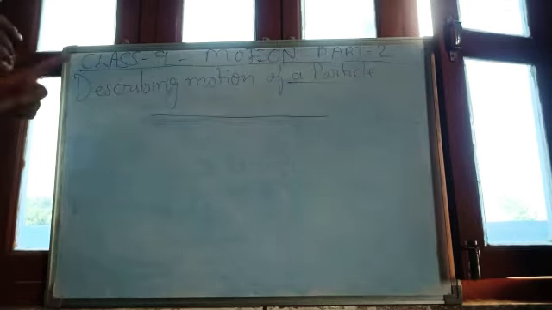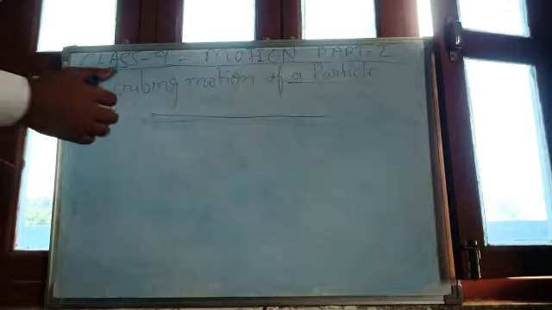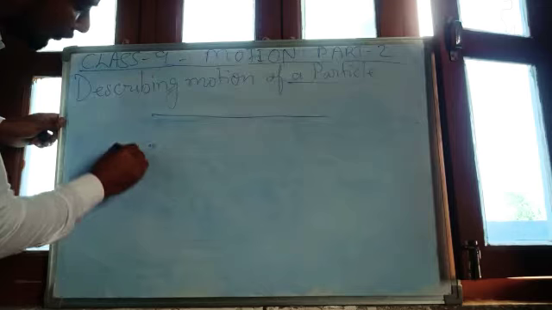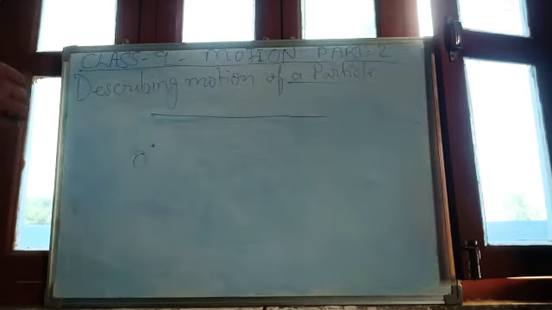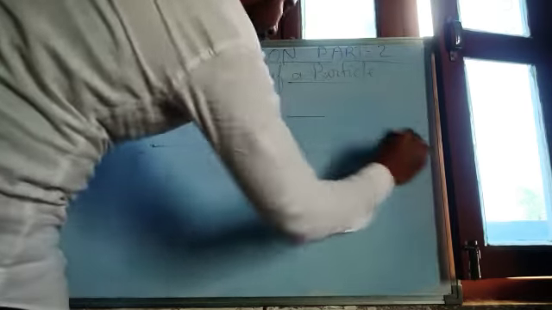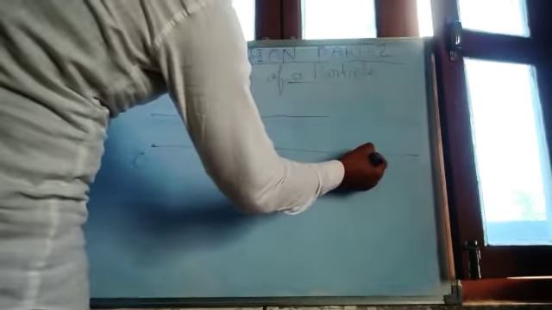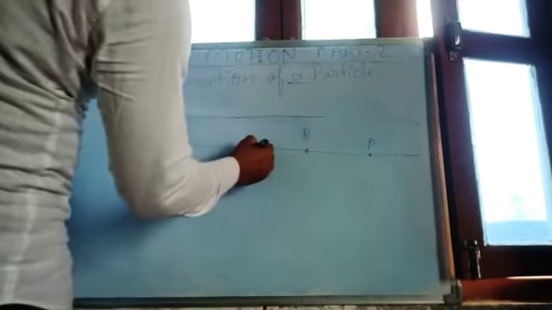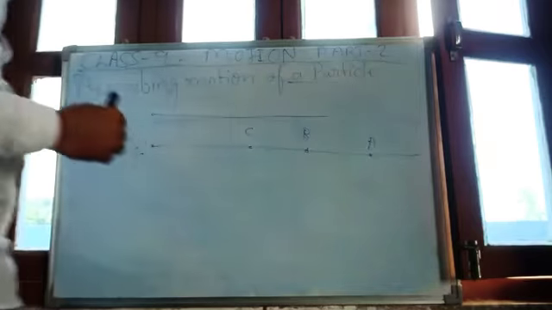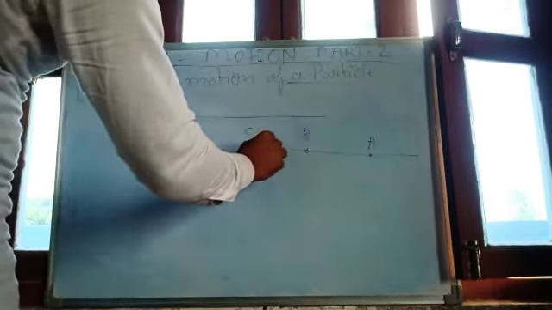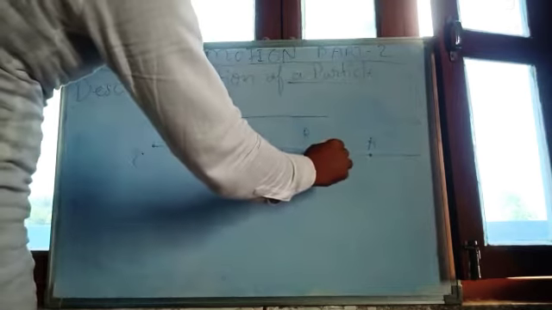So just to describe motion of a particle, let's take a point which will be the reference point O, and the particle is going to start its journey from O to A. Let's suppose this is position A, and there are some other positions like B and C on the same route, and the distance between each of them is 3 km.